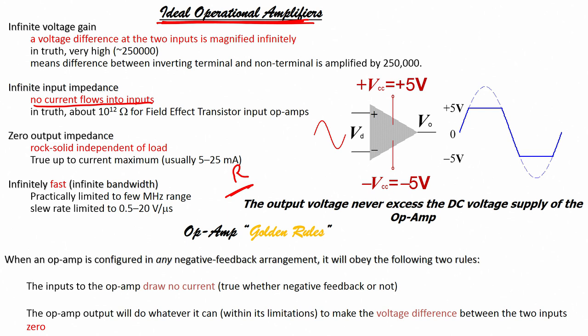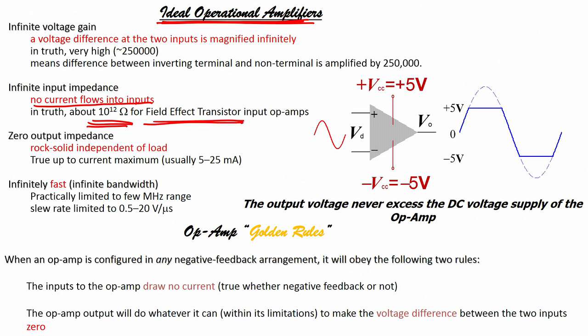Same way, if the impedance is extremely high, current cannot flow into the inputs of the operational amplifier. Now, in practical op amps, we will see that the input impedance is about 10 to the power 12 ohms for FET based op amps.